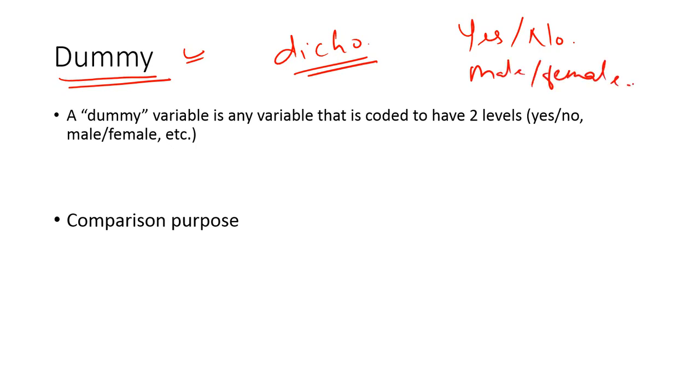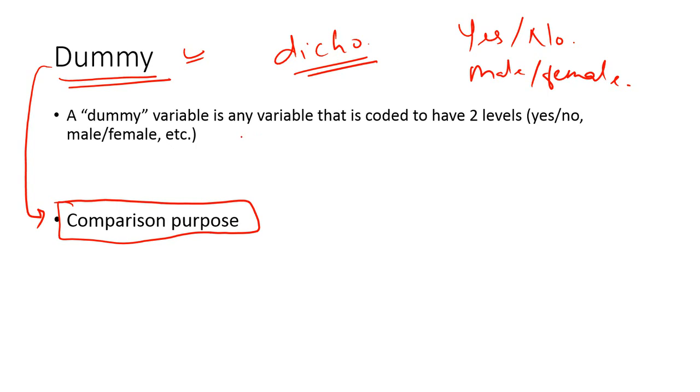Dummy coding is always done for a dichotomous variable, and the reason why we do it is because we need some sort of numerical form of it, for comparison purposes. In many data analyses you need to compare the effect of two groups of data. So you need that in numerical form.